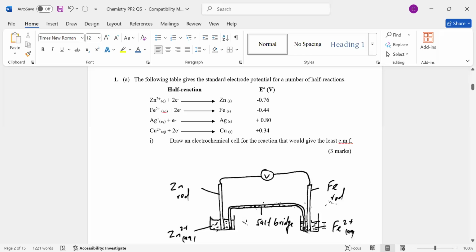How do we collect in liquid state? In liquid state, we'll not have an electrode here. But since we want to collect the product, which is in liquid state, that is where we introduce the platinum electrode. We now introduce an inert electrode, and the inert electrode that we have is platinum electrode.